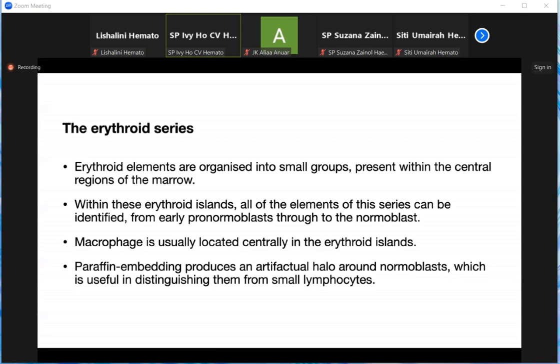And of course, because of the artifact caused by processing of the marrow trephine, you will tend to get clear halos around the nucleus of the erythroid series. Another thing is the erythroid elements will have a very rounded nucleus and very dense, very dark blue nuclear chromatin as compared to the lymphocytes.